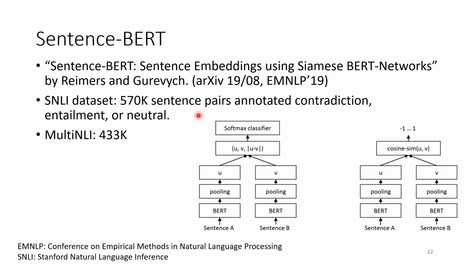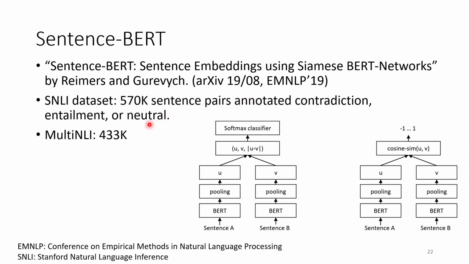So to do this, they need a data set. This is the Stanford Natural Language Inference data set. There are 570K sentence pairs, and all of those sentence pairs are annotated.